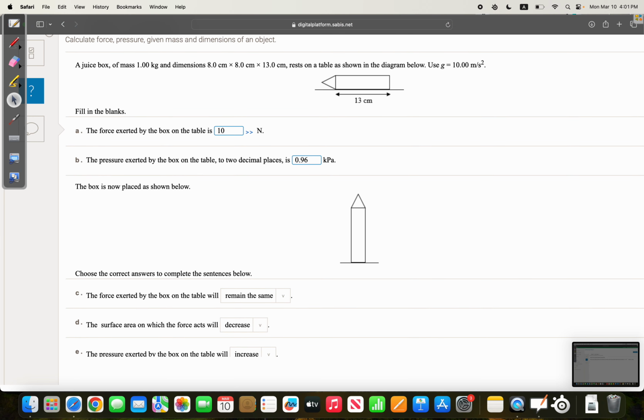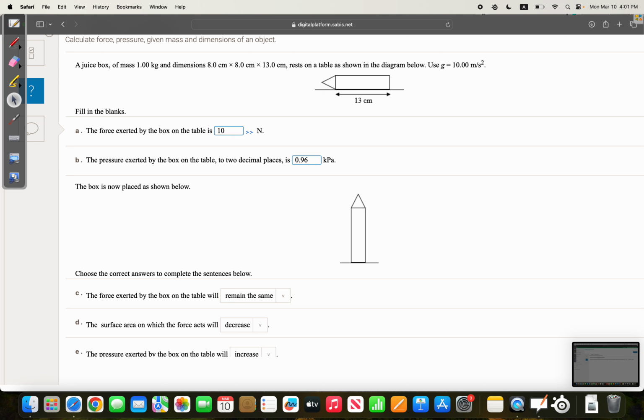Part C. The force exerted by the box on the table will remain the same because at the end of the day it's still the same mass. It's still gonna be the same mass, which is 1. So which means the force will be the same.